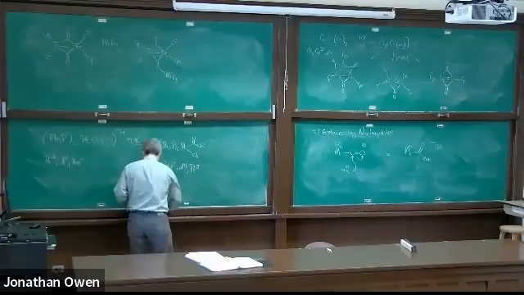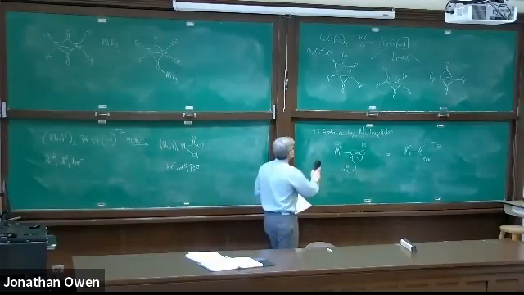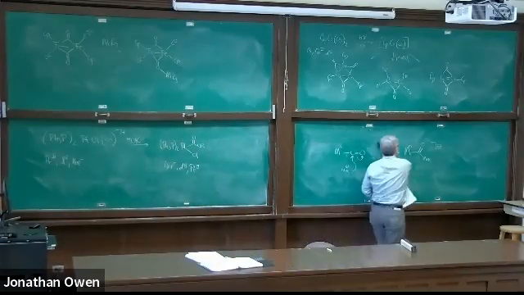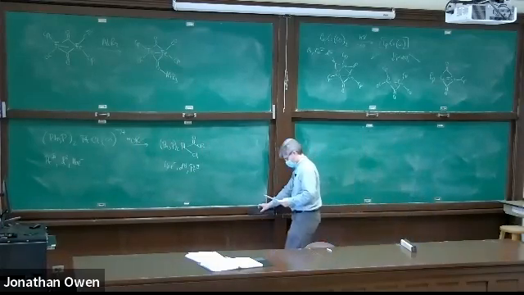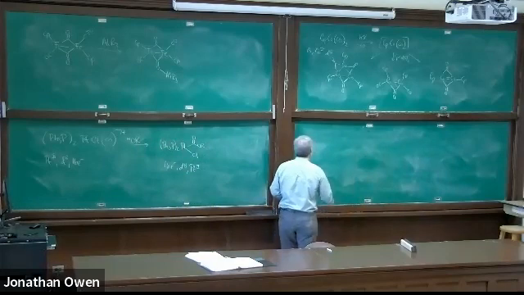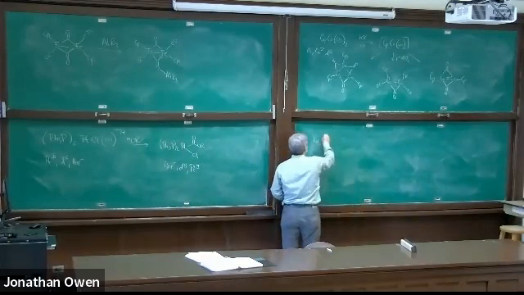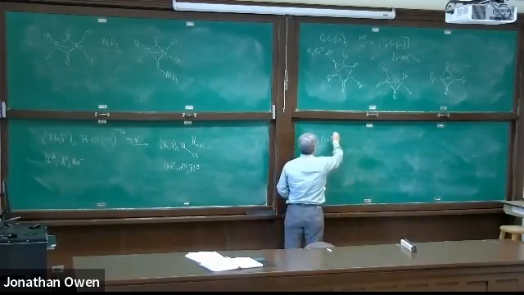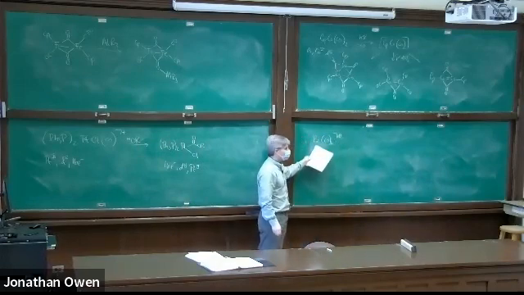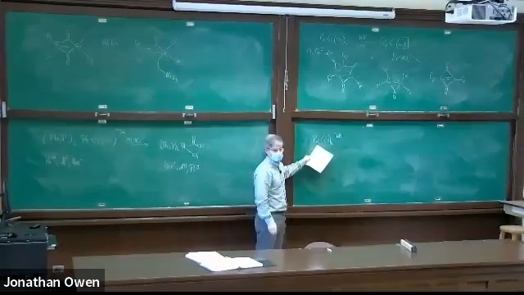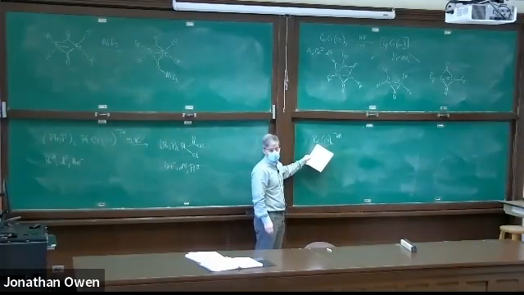Okay. This is one of my favorites. Rhenium hexacarbonyl cation. How many electrons does rhenium have? It's below manganese. Manganese is 1 to the left of iron.